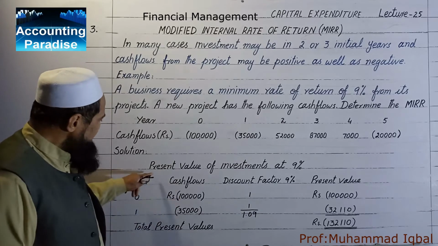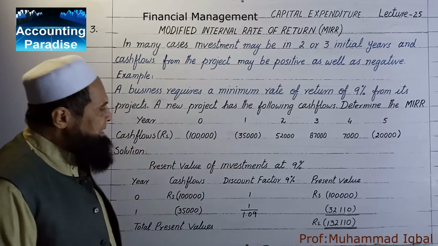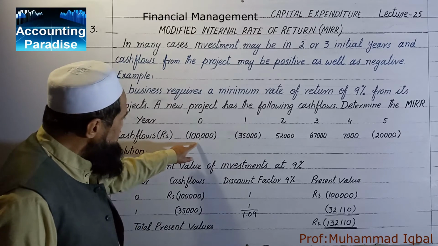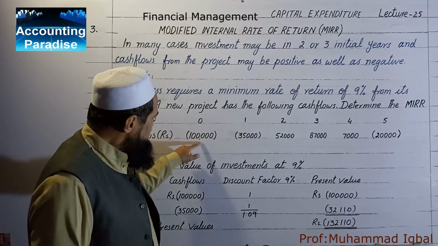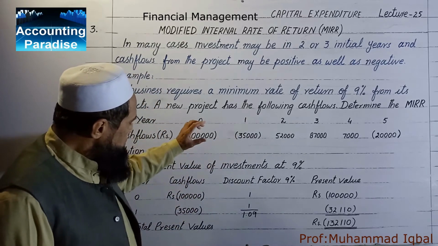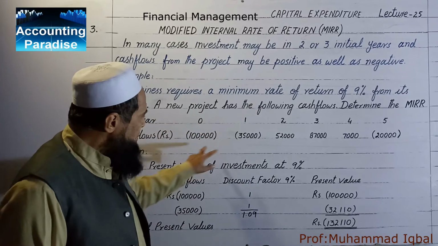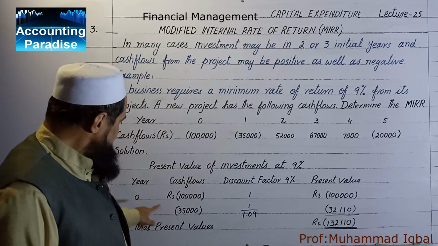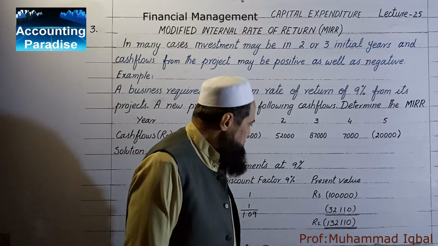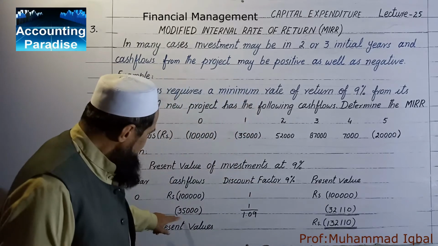The first part is the present value of investment at 9%. Here you see the investment is in 2 years, year 0 and year 1. So we have to calculate the present value of both the investments. Year 0, multiplying by 1, is equal to 1 lakh investment.